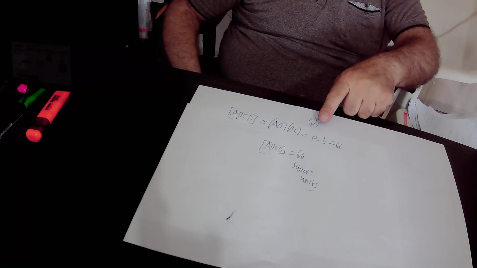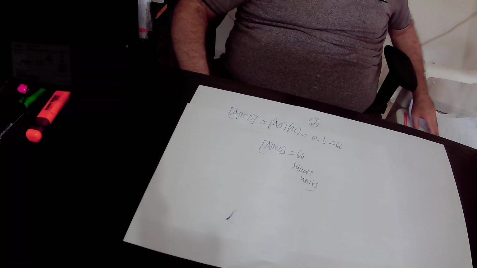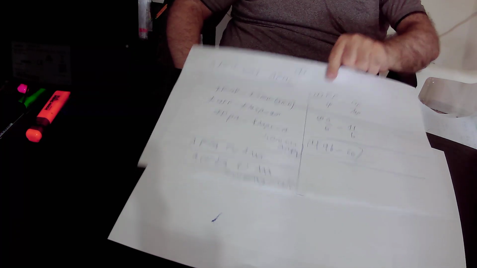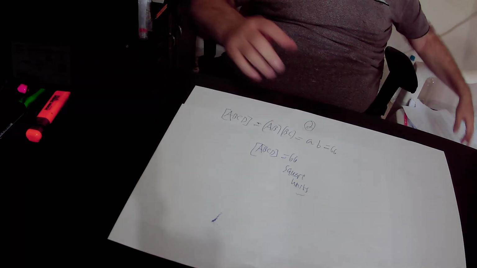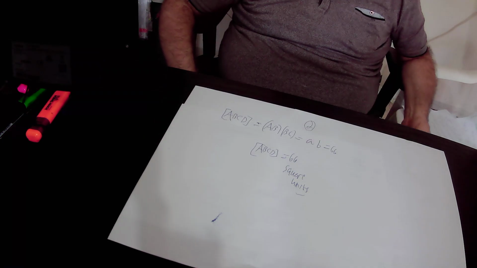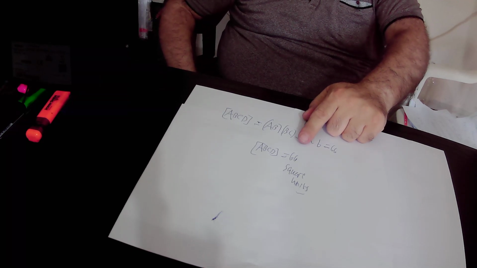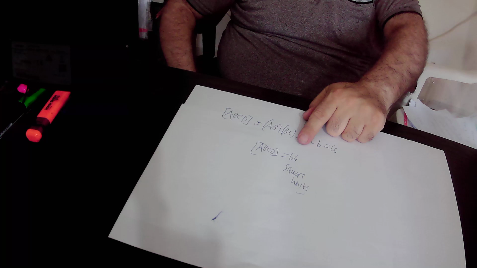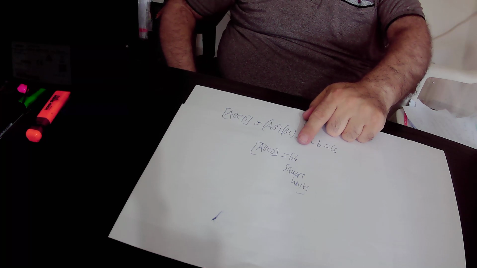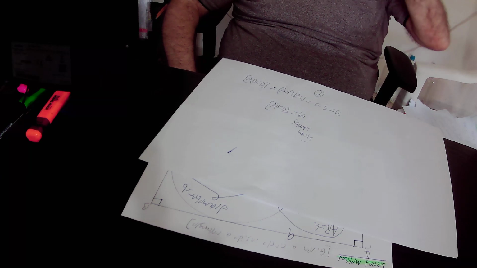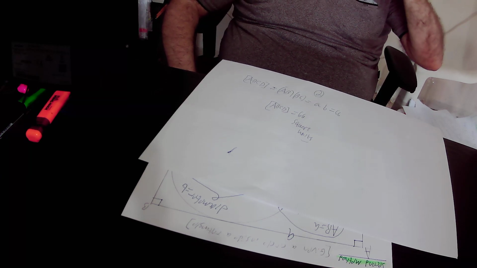Therefore the area of rectangle ABCD is A times B, and we just found out that A times B is 66. So in conclusion, we found out that the area of rectangle ABCD is equal to 66 square units.